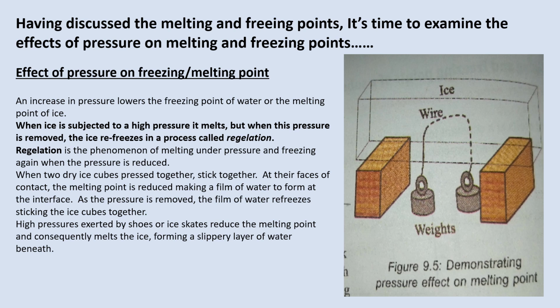So what that means is that regelation is the phenomenon of melting under pressure and freezing again when the pressure is reduced. When two ice cubes are pressed together, at their faces of contact the melting point is reduced, making a film of water to form at the interface.